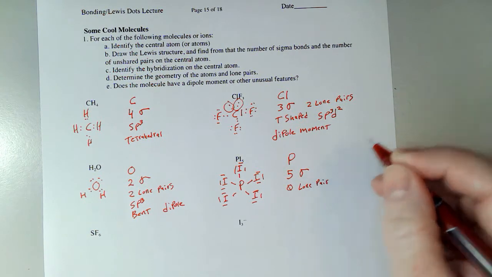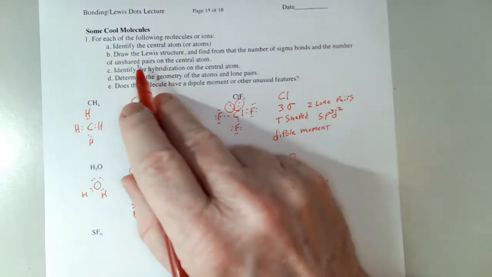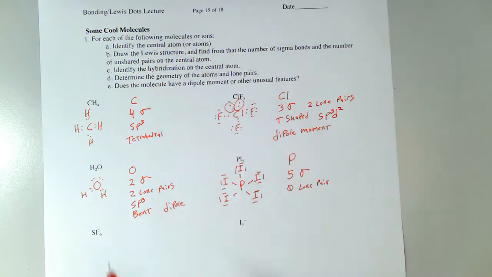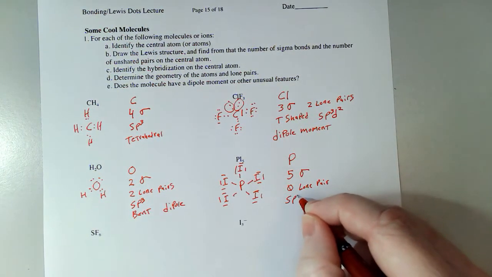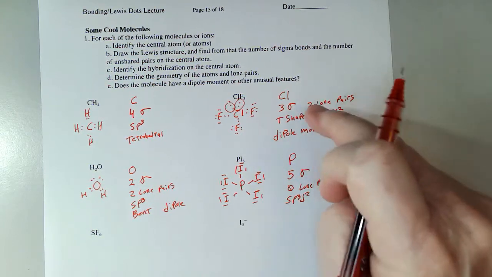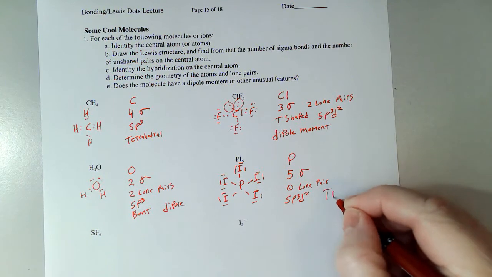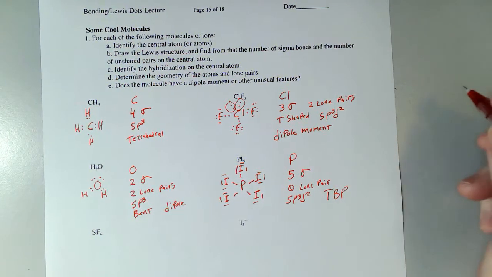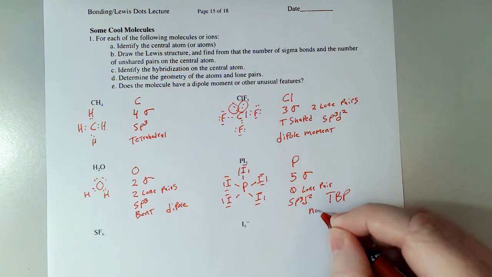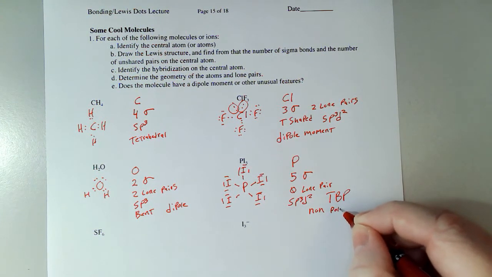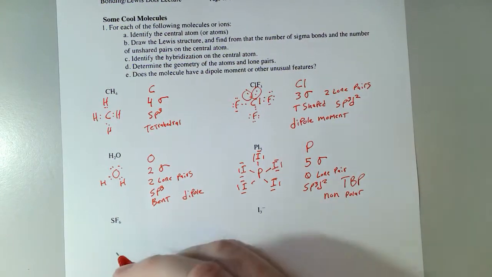Remember, we're asking about lone pairs on the central atom. Unshared pairs on the central atom. Okay? 5 things attached makes this sp3d2, just like the one up above it. Okay? Except the shape this time is triangular bipyramidal, not T-shaped. It's nonpolar. It is a perfectly symmetric molecule, so all the individual dipoles cancel out.